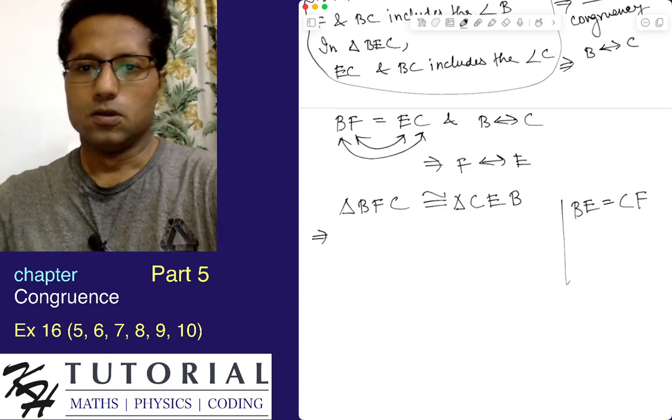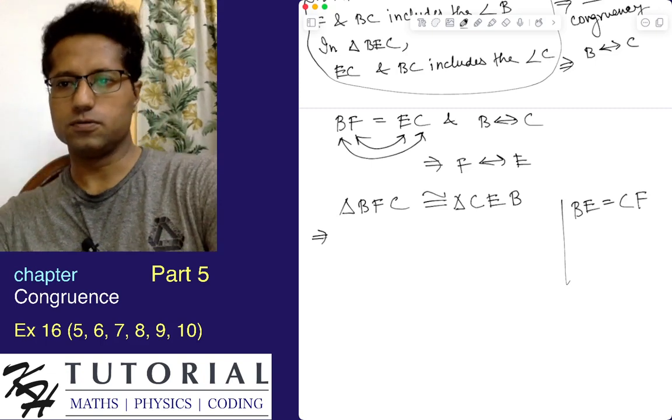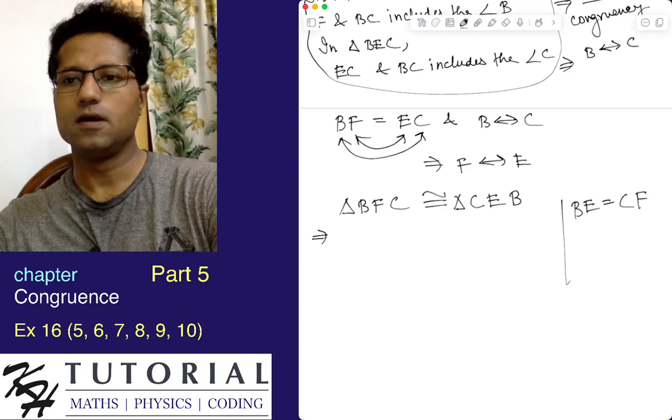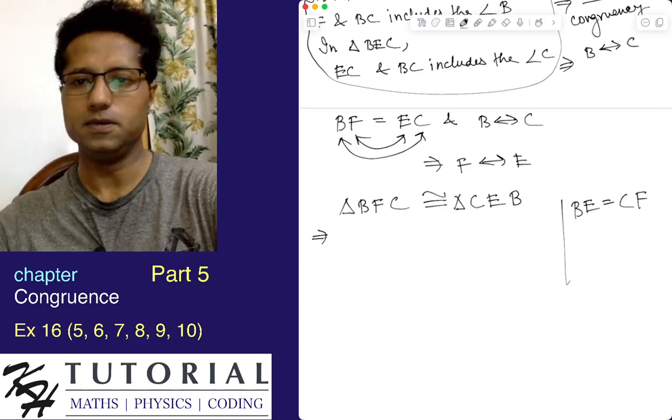Now, CF is a side from the triangle BFC, and BE is a side from the triangle CEB.